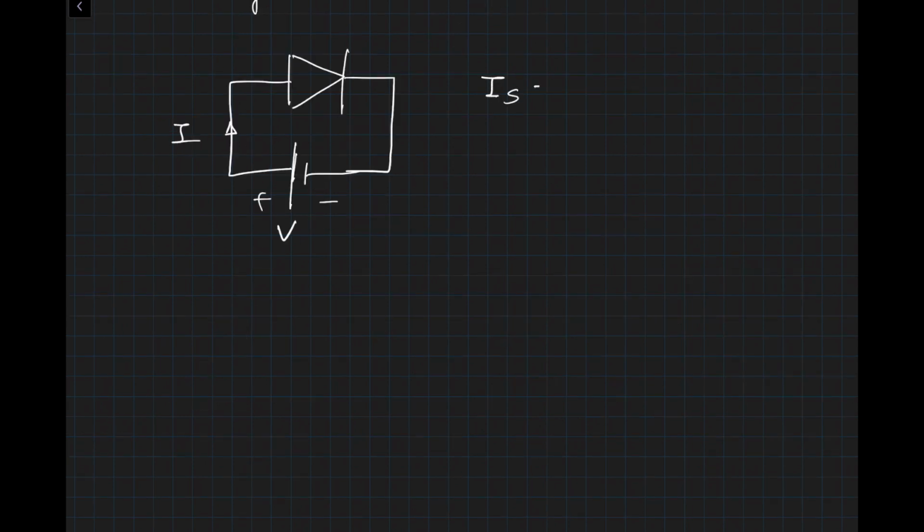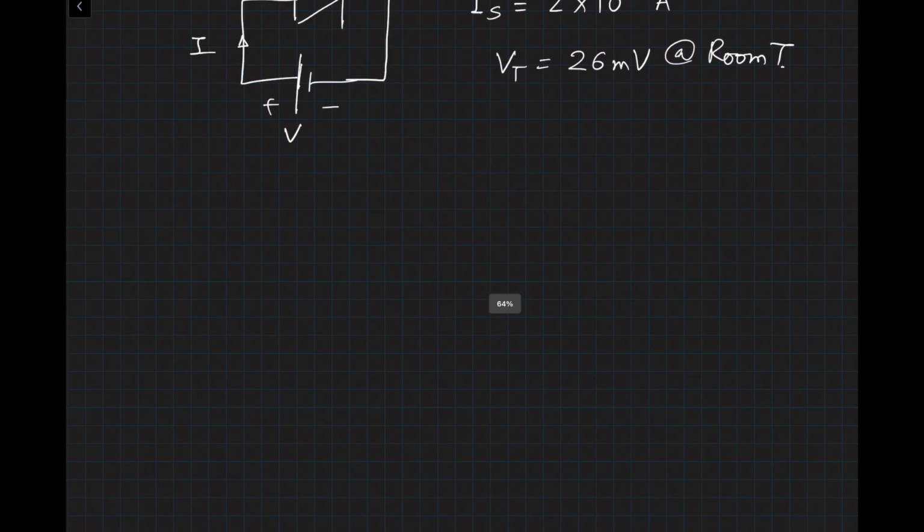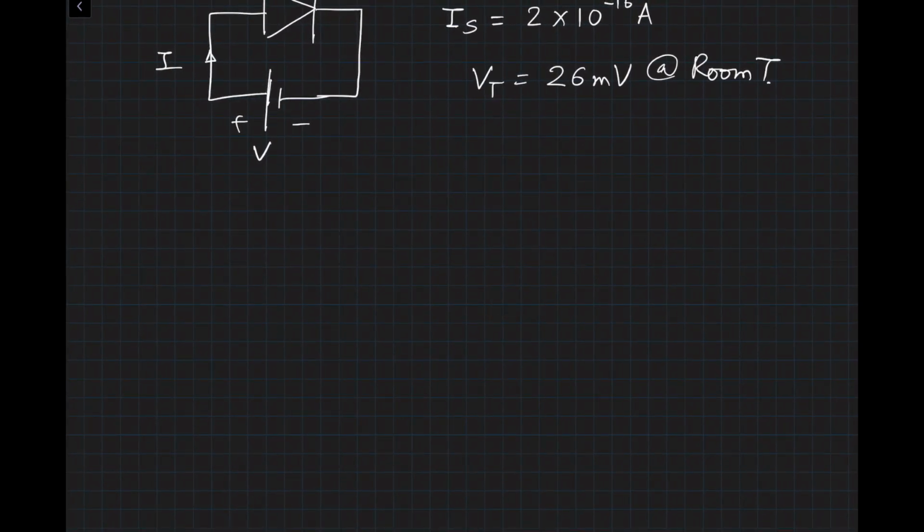Given that Is is equal to 2 times 10 to the power minus 16 amperes, and as I said, Vt is equal to 26 millivolts at room temperature, I'm going to numerically write down the values for V and I. When V is equal to 26 millivolts, the current value will be 5.54 times 10 to the power minus 16 ampere.